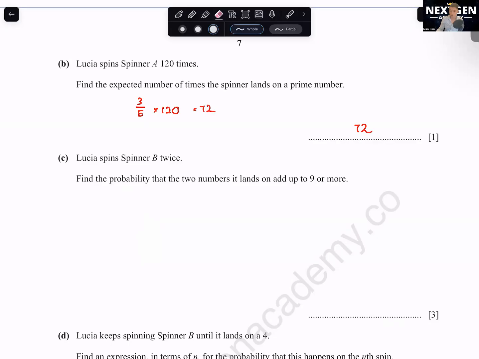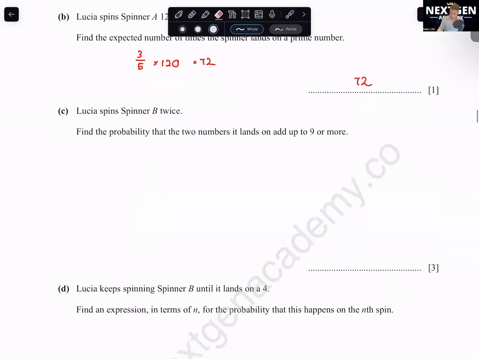So you will just take 2 over 9, not 2 over 8. Almost correct. Another way is to see what values you can add up that will give you 9 or more. But I think for most of you here, this is what you can do.